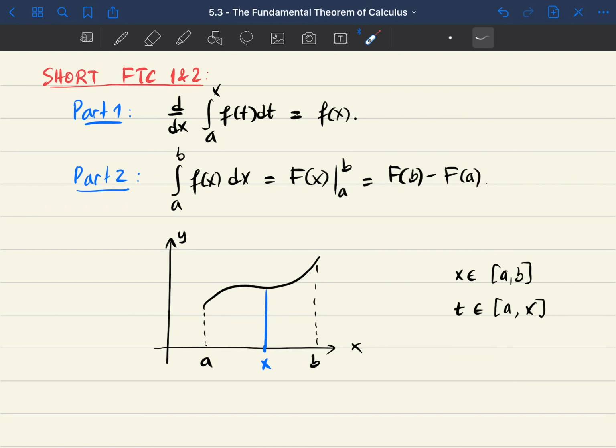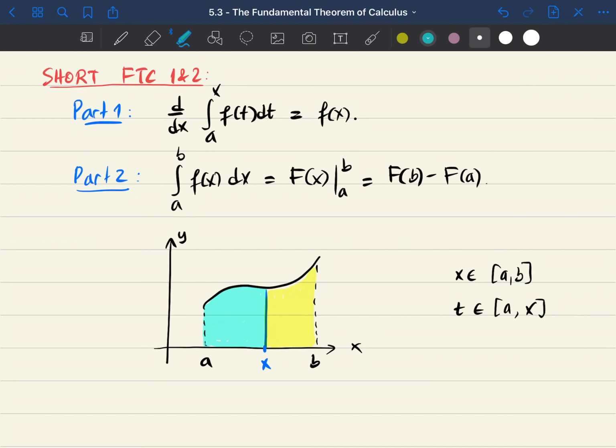Okay, so let me use some colors here to make this a little more concrete. Right, so let's suppose this is the area on the right of x, and this is the area on the left of x. Okay.